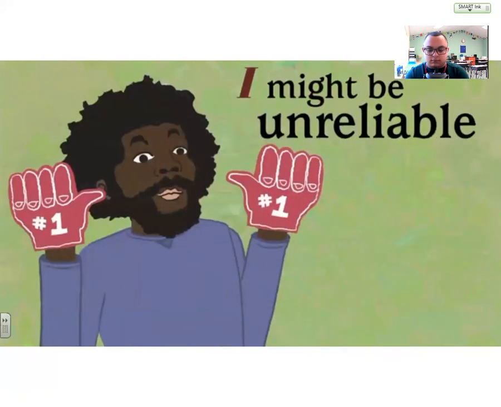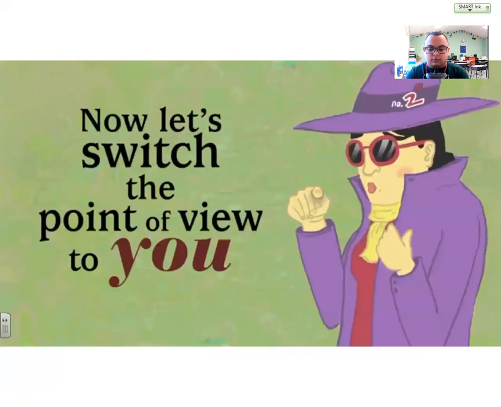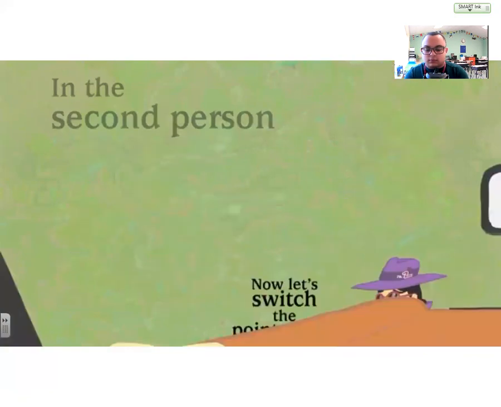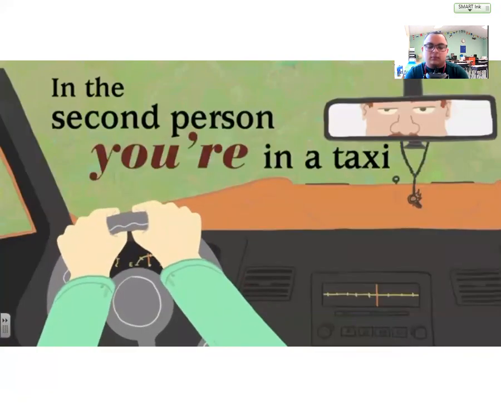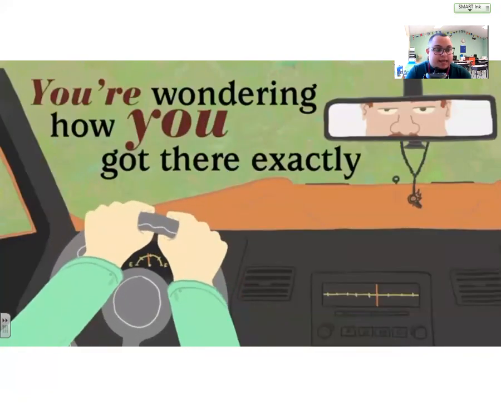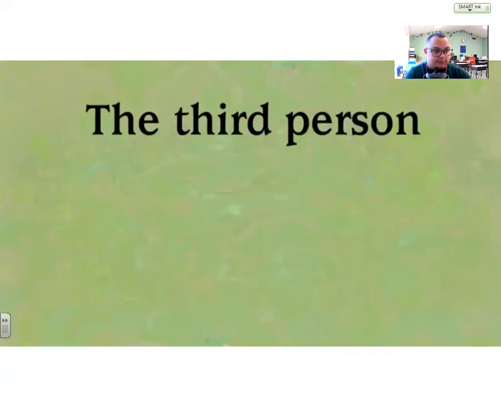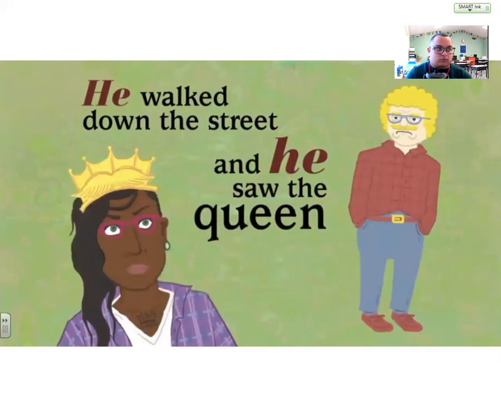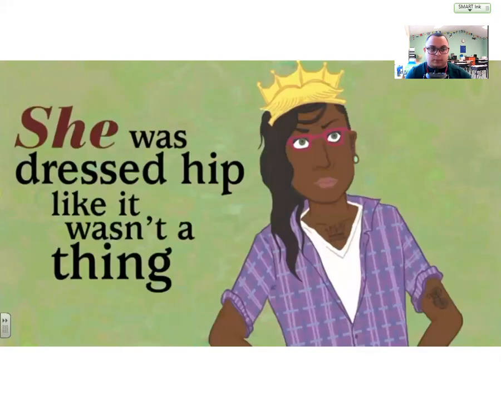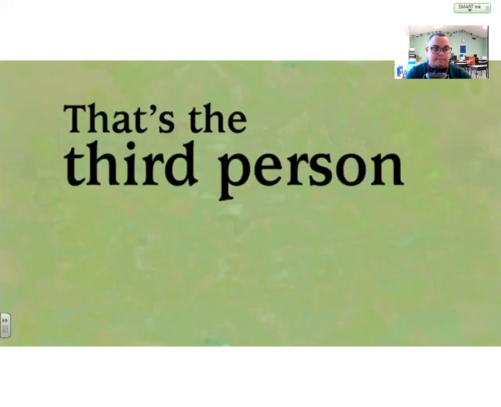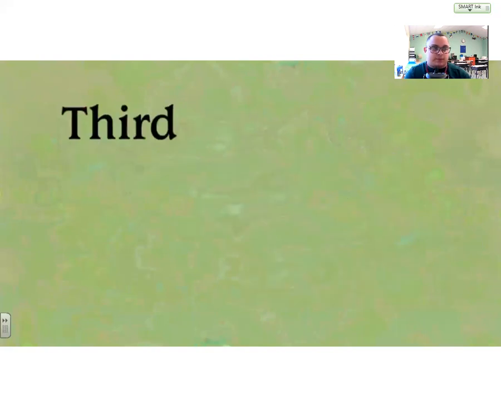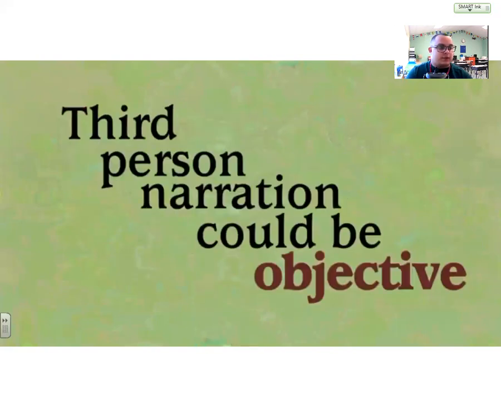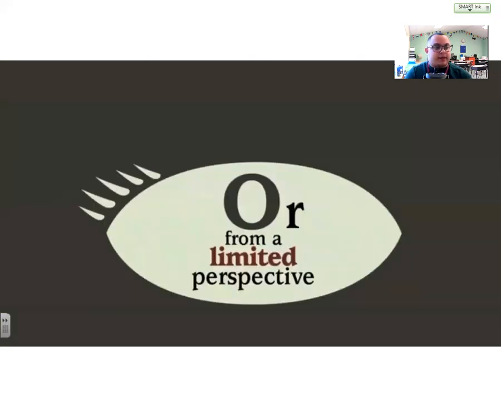I might be unreliable if I don't tell the truth. Now let's switch the point of view to you. In the second person, you're in a taxi. You're wondering how you got there exactly. The third person is he or she. He walked down the street and he saw the queen. She was dressed hip like it wasn't a thing. That's the third person, take it from him. Third person narration could be objective, omniscient, or from a limited perspective.